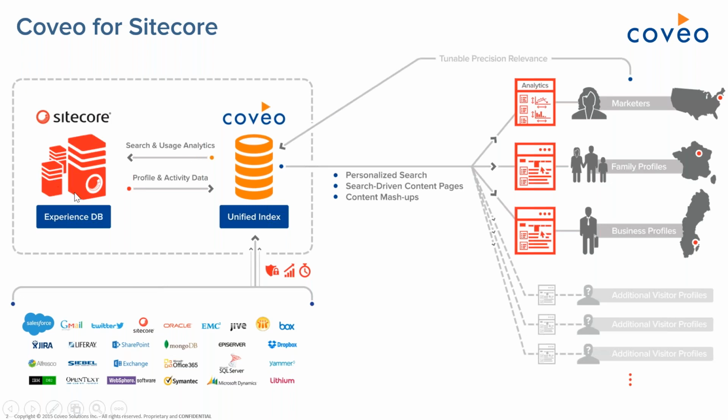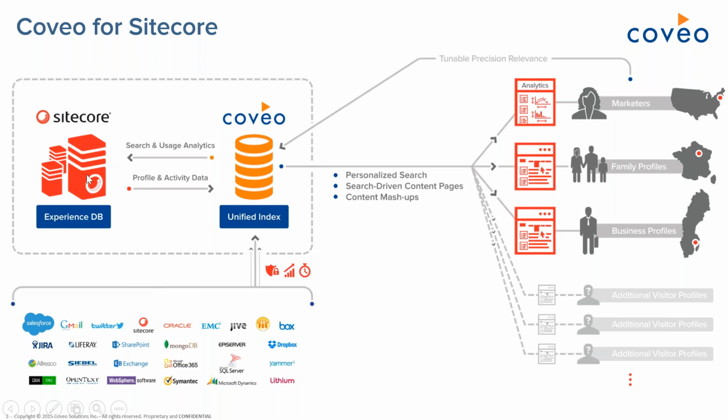In particular, with regard to the Sitecore content management system, Coveo has been working with Sitecore for going on about 7 years now, and over the years improving and deepening that integration. Sitecore content, of course, can be published or pushed to Coveo to be indexed, to be made searchable.